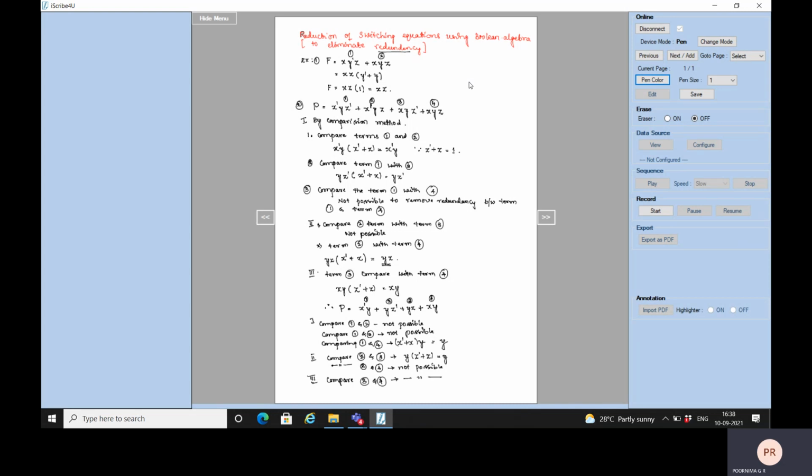So hence the final result of the given switching equation after reduction will be equal to the second stage comparison method output, so y plus y. As per Boolean laws, when y is added with the same variable, the output will be only the single variable.